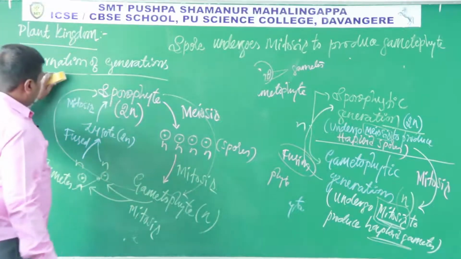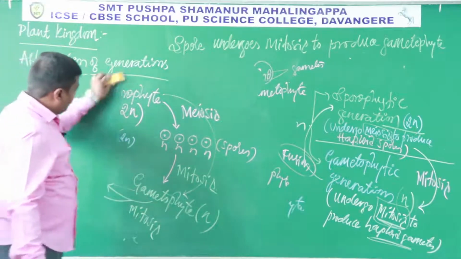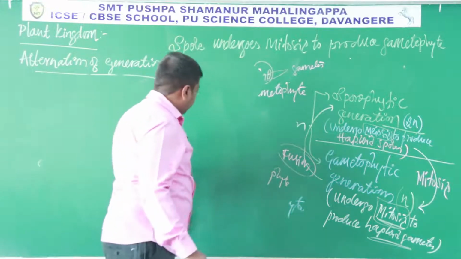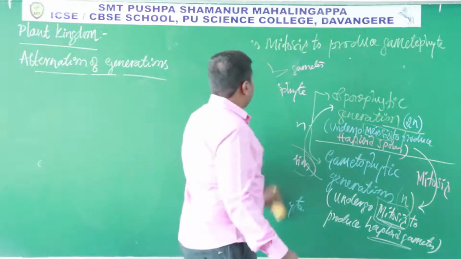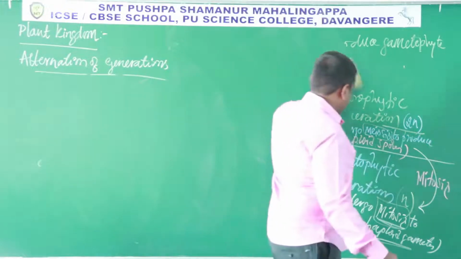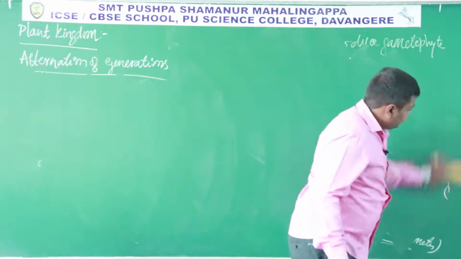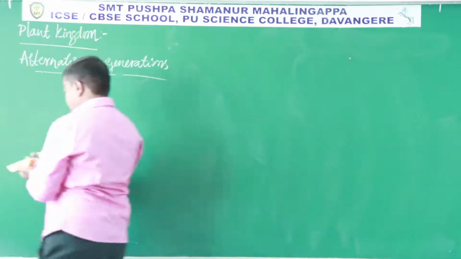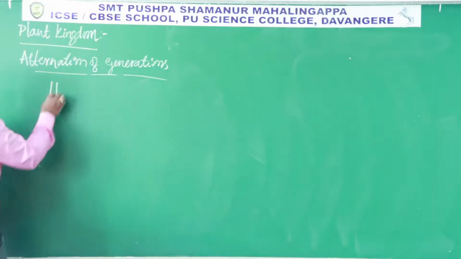So depending on whether the sporophyte is dominant or gametophyte is dominant, in the plant kingdom there are different kinds of alternation of generations. They are called by different names like haplontic, diplontic, haplodiplontic.